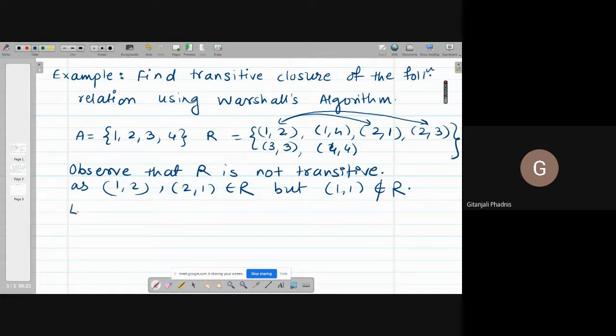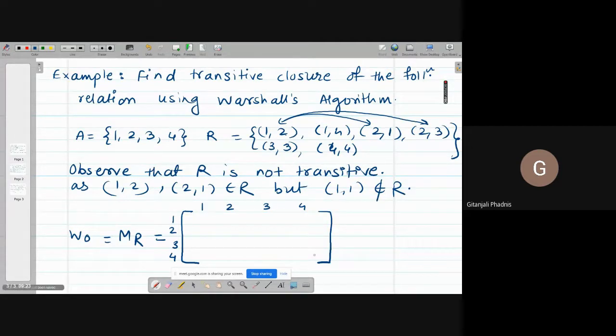Now, first of all, we will find W naught, which is equal to the matrix of the relation, right? 1 2 3 4. If you don't understand it, I'm writing the elements here.